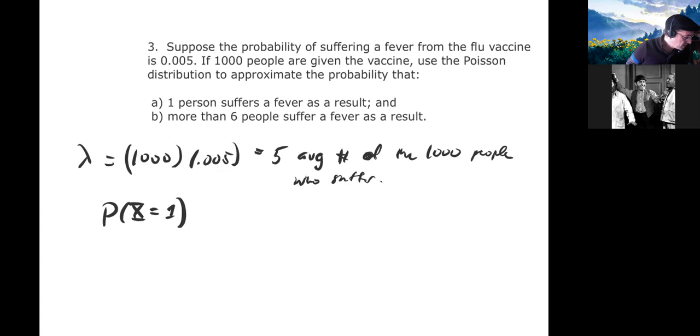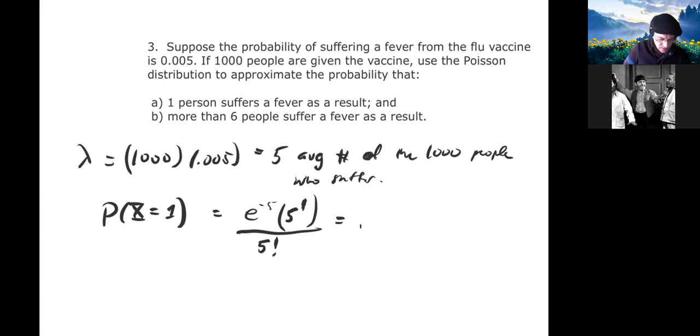So what do you get? You're going to get e to the minus 5th power times 5 to the 1st power over 1 factorial, and that's going to be 0.0337. So that is the answer to part A.